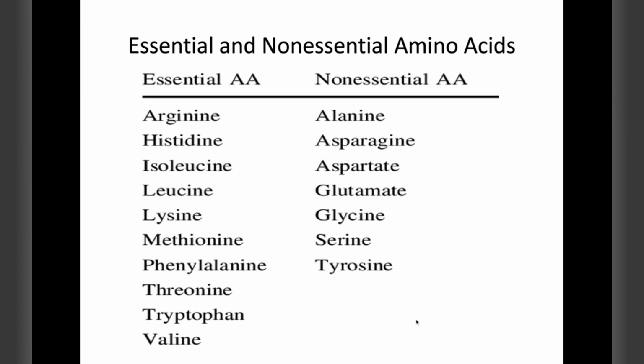Essential amino acids include arginine, histidine, isoleucine, leucine, lysine, methionine, phenylalanine, threonine, tryptophan and valine. The non-essential amino acids include alanine, asparagine, aspartate, glutamate, glycine, serine and tyrosine.